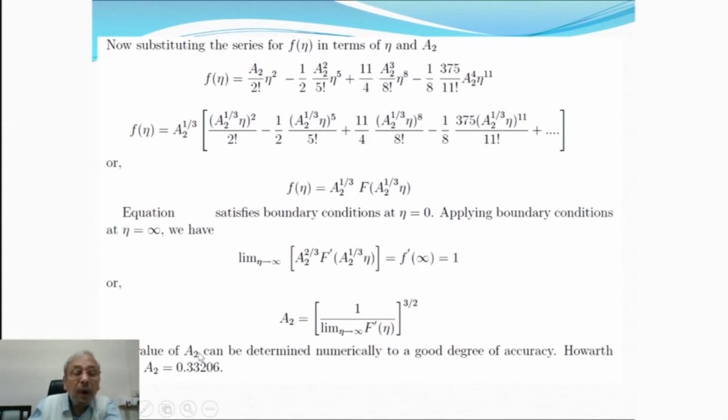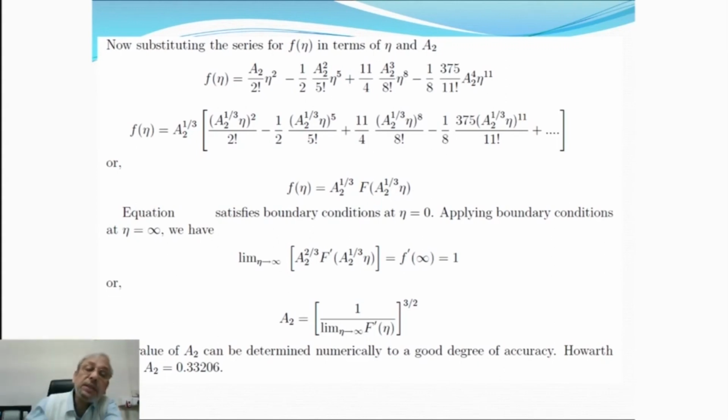So the value of a2 can be determined numerically to a good degree of accuracy. This was done by Howard, and he found a2 as 0.33206. So a2 from this series solution was finally evaluated numerically.